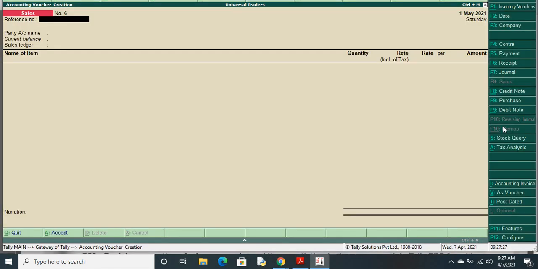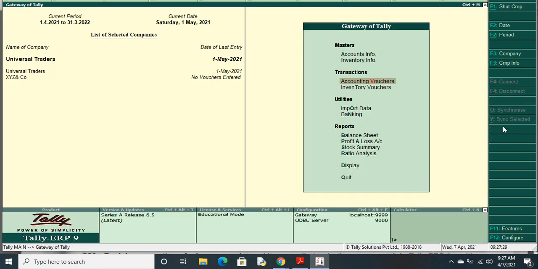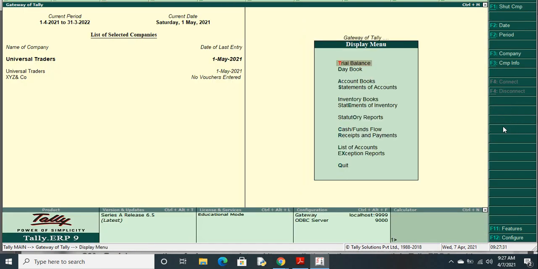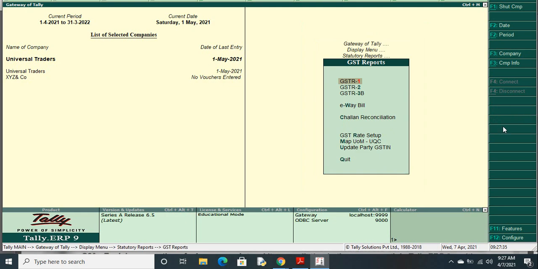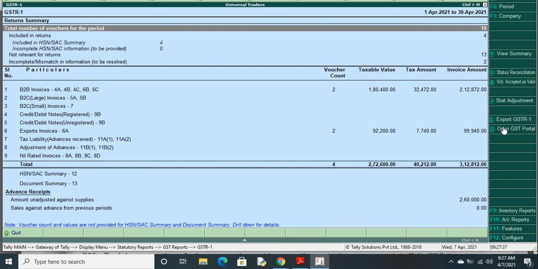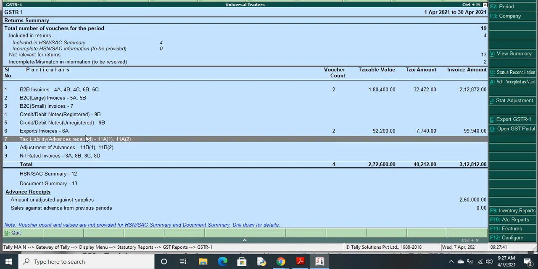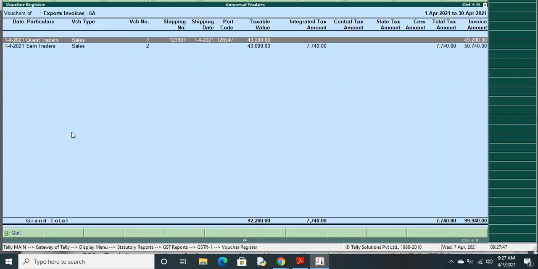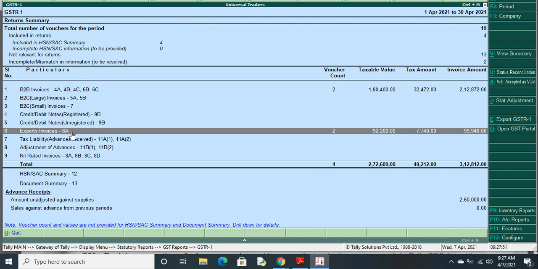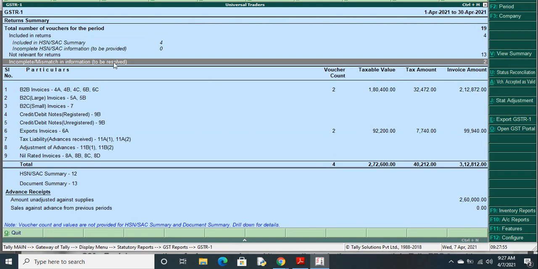Okay, so now we'll go to that GST display, statutory reports, GST, GSTR1. There is a mismatch.